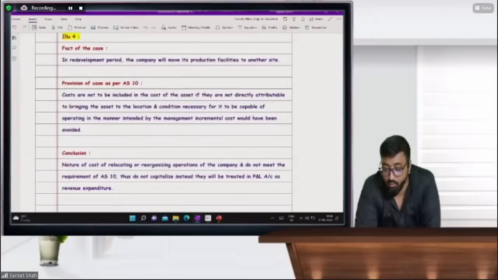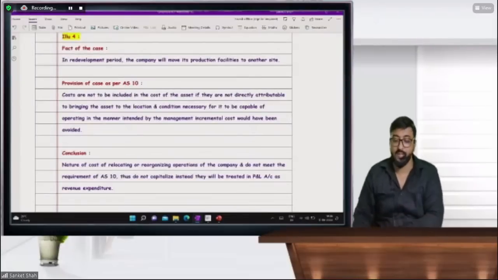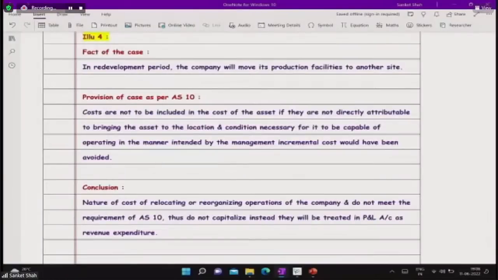Incremental cost would have been avoided. So beta, this cost is not a first-time delivery cost. Conclusion: the nature of the cost of relocating and reorganizing operations does not meet the criteria of AS 10 and therefore it is transferred to P&L as it is a revenue expenditure. Take a screenshot. Illustration number 4.